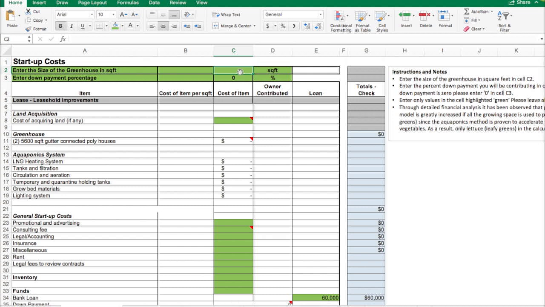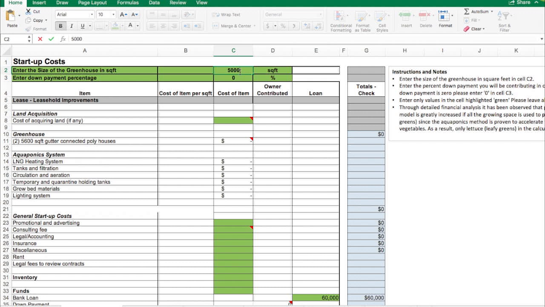The first thing is the green cell, which is the top one, column A2, which says enter the size of the greenhouse. So you want to put the size of the greenhouse and it'll give you the cost to build that greenhouse built into the system. For example, let's say that we are building a 5,000 square foot greenhouse.